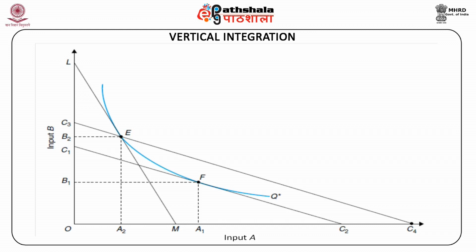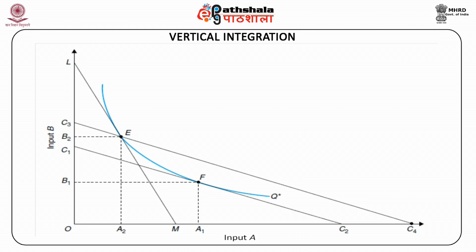The shape of the isoquant shows that the inputs can be substituted in response to the changes in relative prices of the inputs. If both sectors are competitive, then C1, C2 is the budget line that faces the buyer, and ML if sector A is monopoly. Thus, if the buyer faces price line ML, then the monopoly price restricts the use of input A, and the cost minimizing equilibrium position is at point E, compared with the point F if the competition prevailed in both sectors.